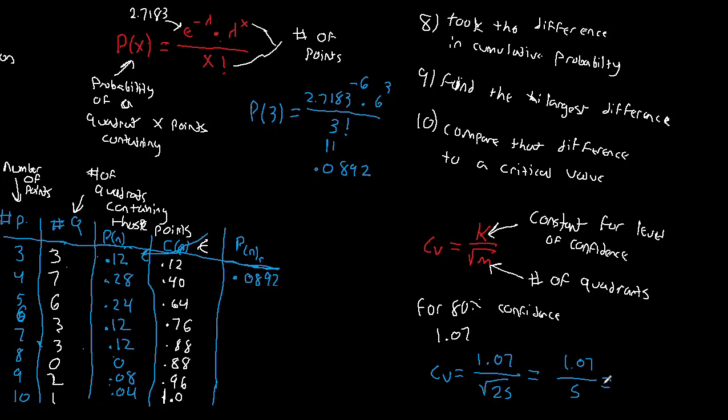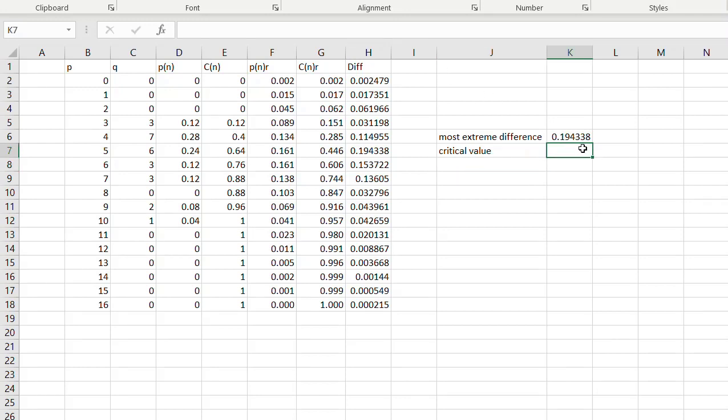If we do the math on that, we get a value of 0.214. So this is our critical value.